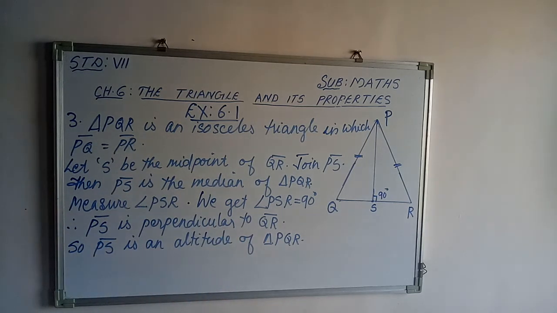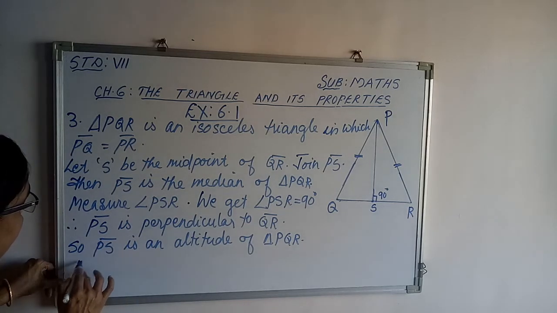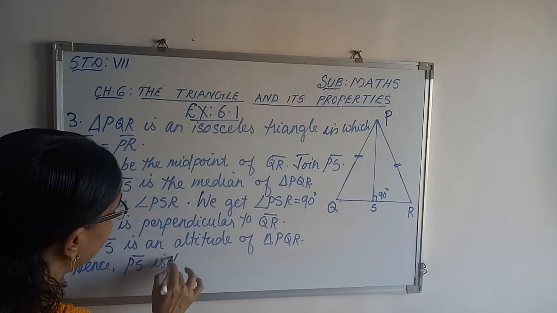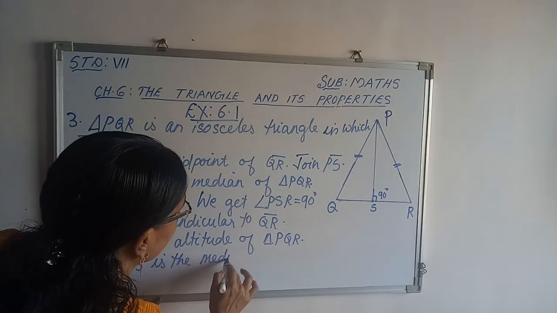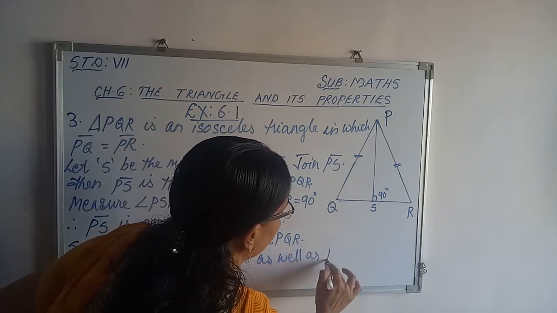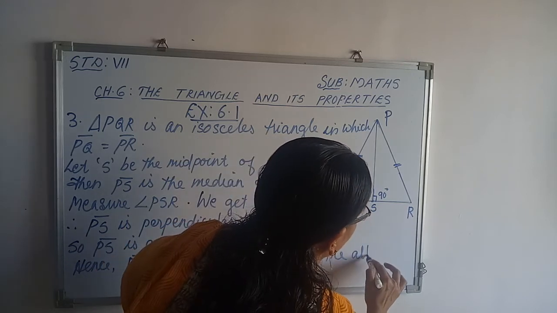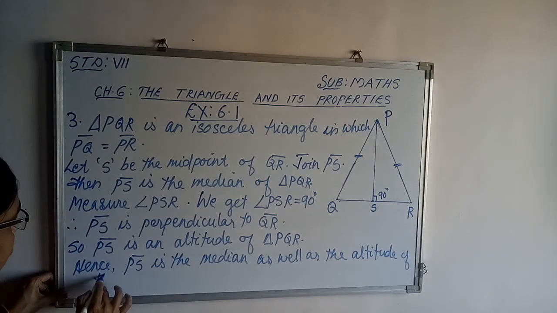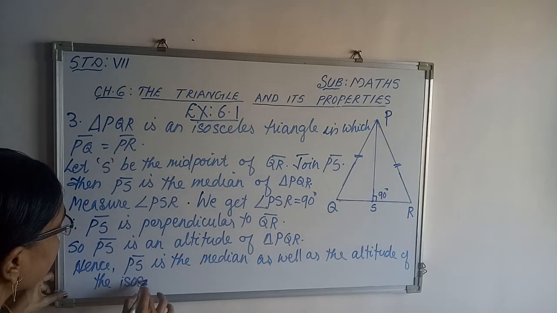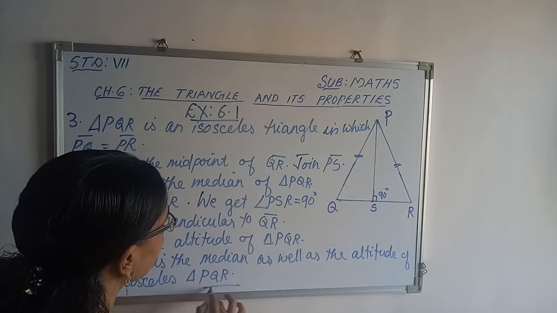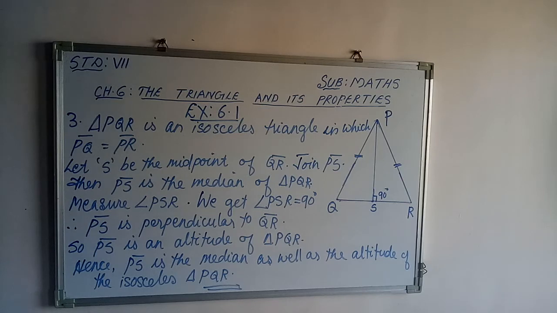Hence, PS is the median as well as the altitude of the isosceles triangle PQR. So, hence we proved or verified it.